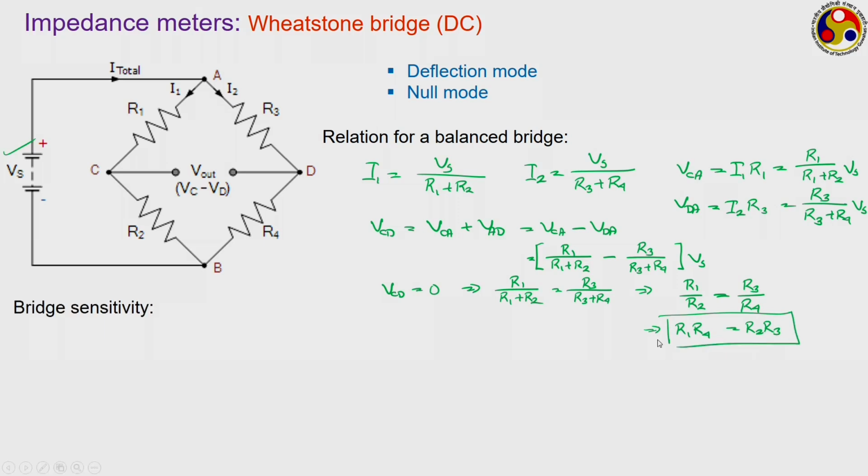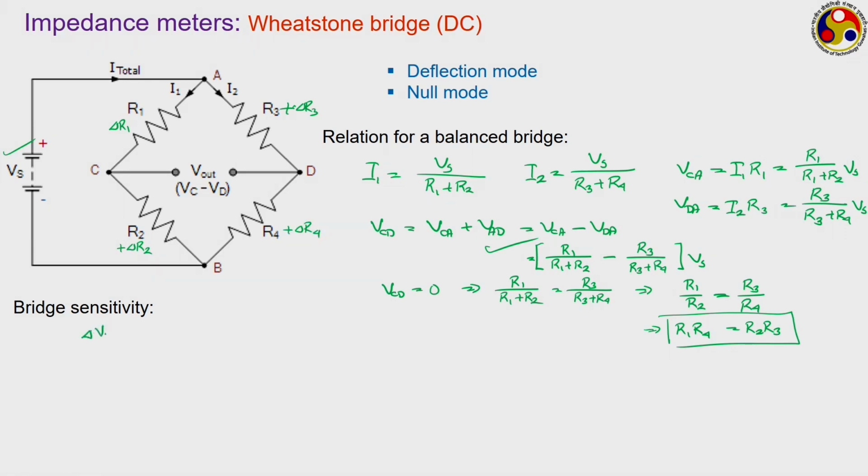And what about the sensitivity of this bridge? We know that VCD is given by this relation. Therefore, the sensitivity will be governed by change in any one of them, that is, whenever there is a change in the value of any one of the resistances, there will be a change in the value of VCD also. Let us say all the resistances are changing by a small amount: R1 becomes R1 plus delta R1, R3 becomes R3 plus delta R3, R2 becomes R2 plus delta R2, and R4 becomes R4 plus delta R4.